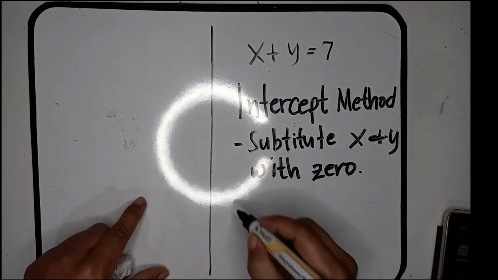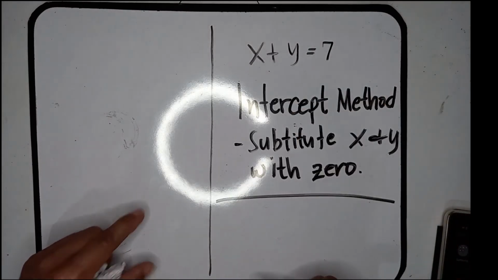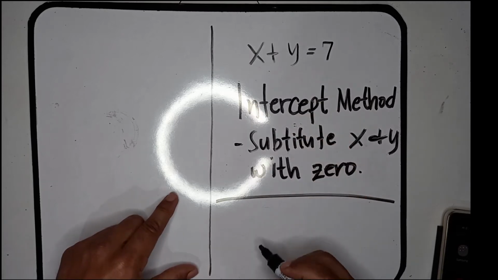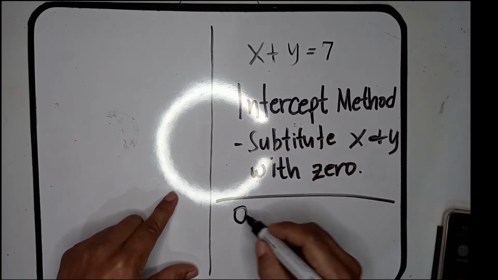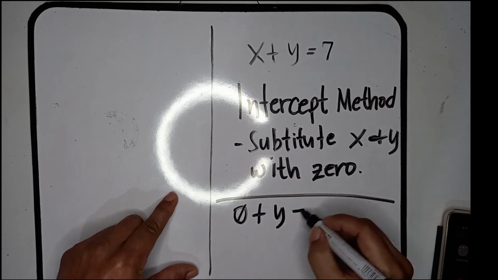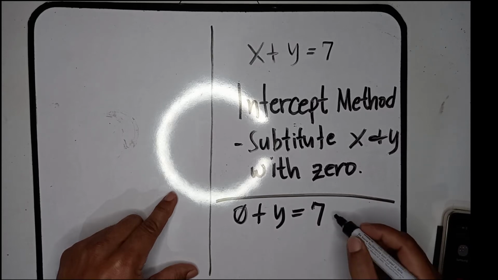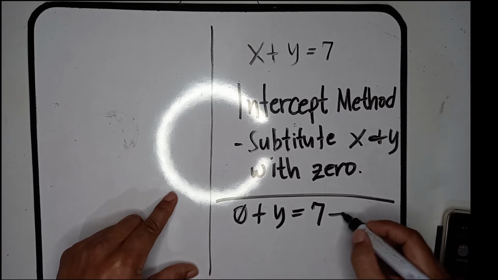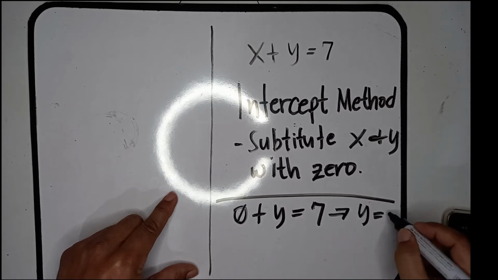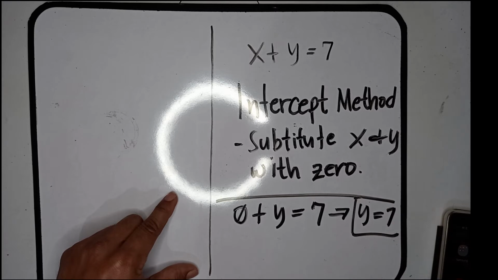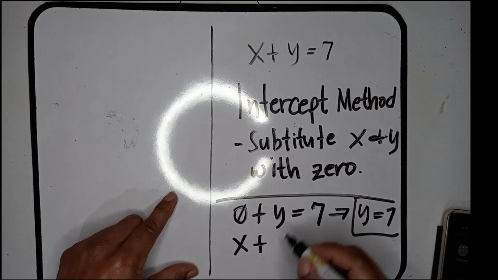Okay, so let's give this an example. Let's say our x is 0. So x is 0 plus y equals 7. So it is clearly understood that y is 7. Or let's say we turn our y to 0, so x equals 7.